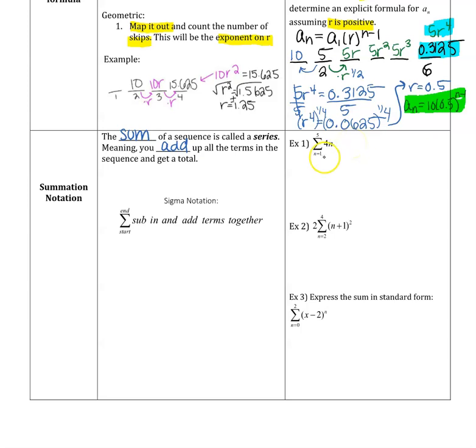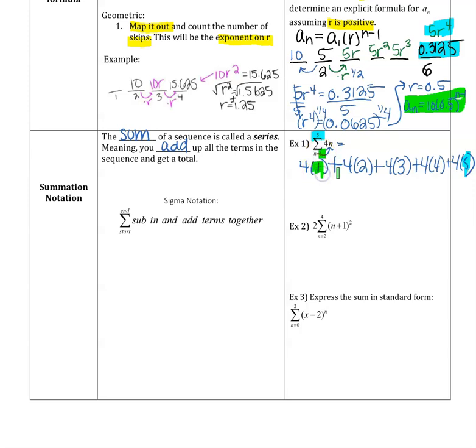So in order to evaluate this, the first thing I'll do is plug in 1 for n. Plus, then I'll go up to the next integer value, so that would be 2. Next integer value. Next. Until I get to 5. And I'm going to stop at 5 because that end value was 5.